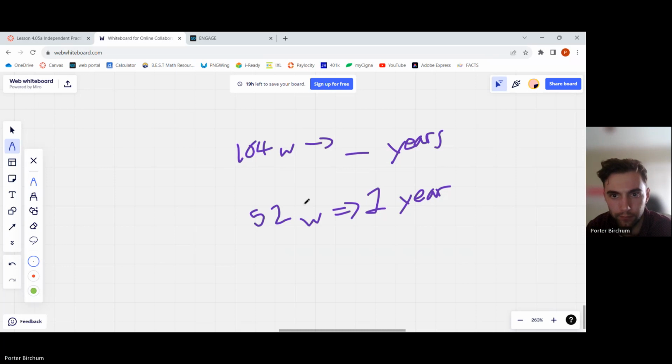So let's try that fraction way that we were trying before. A year is out of 52 weeks. Well, how many weeks are we talking about? We are talking about 104 weeks. This is our part to whole relationship we were doing before.